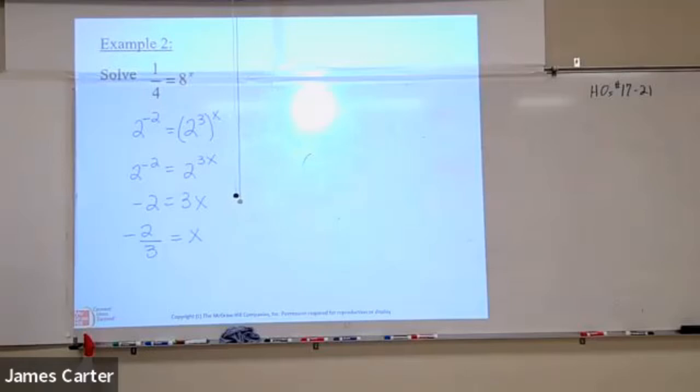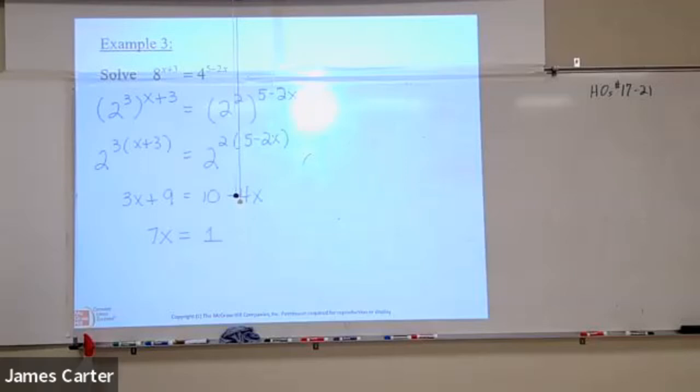And this one, 8 and 4 are still part of the same base. I'm just going to run through that one real quick. Same idea, we get down here, remove the 2's, so we get this equals that, and you solve it.